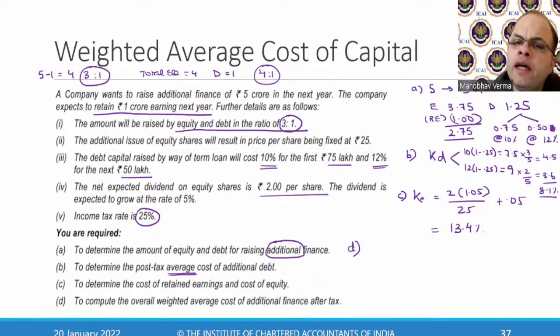Rohan, because we are calculating D1. D1 is D0 multiplied by 1 plus g. Rohan, this is actually very important. In some of the questions, they give you a dividend after 1 year, but in this case, they have not mentioned dividend after 1 year. Expected dividend, but not after 1 year. The words after 1 year are not given to us.